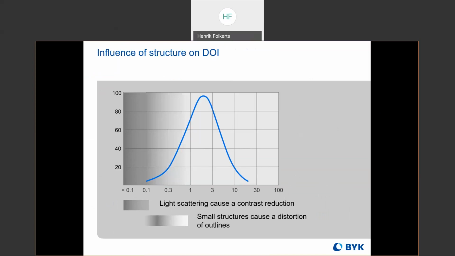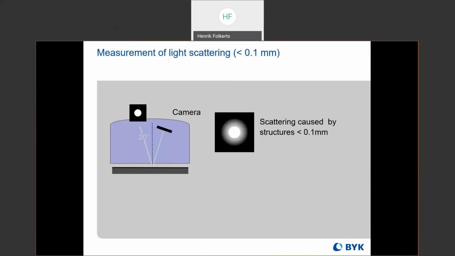There's two different things. The inner green circle is where the light's being projected, and the outer circle is what would be considered the scattered light. It's the amount of scattered light that is directly related to the dullness value.